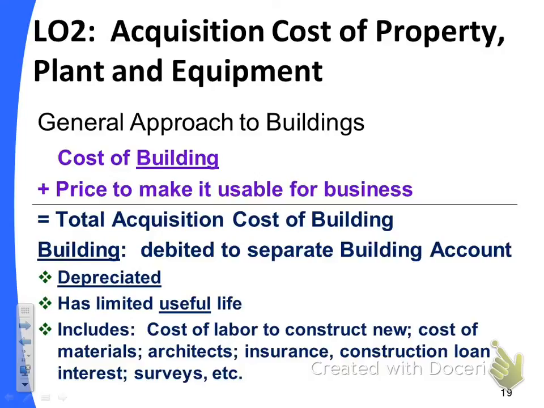The building will have an estimated useful life, and the land will not. The building will also include the cost of any labor to construct it, the cost of any materials, any construction loan interest, any surveying costs, any assurance, etc. All of that goes into the cost of a new building.